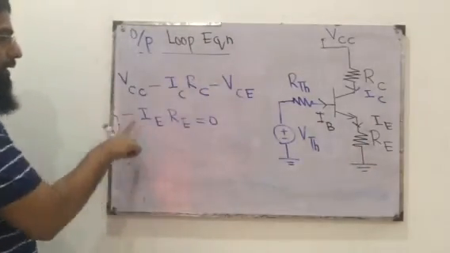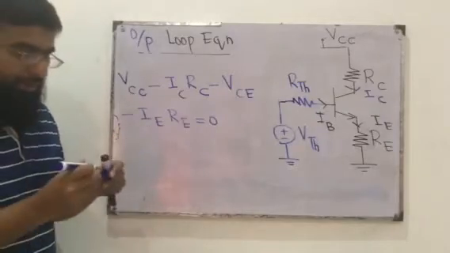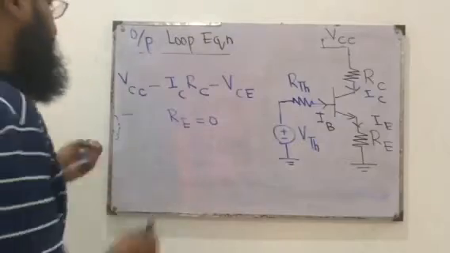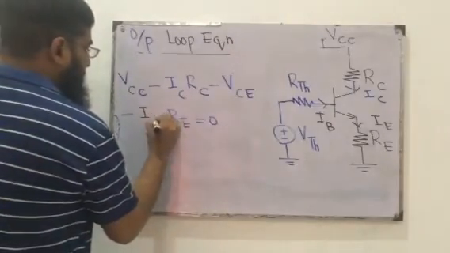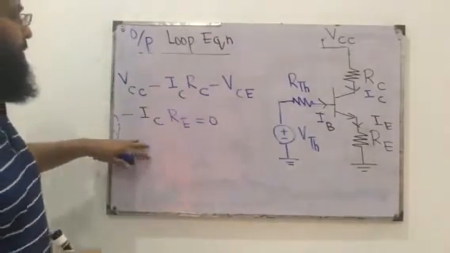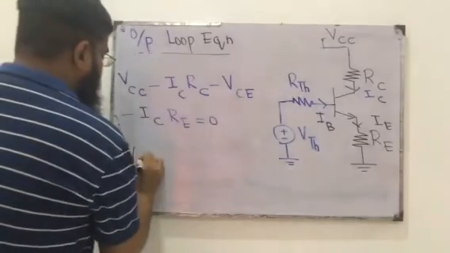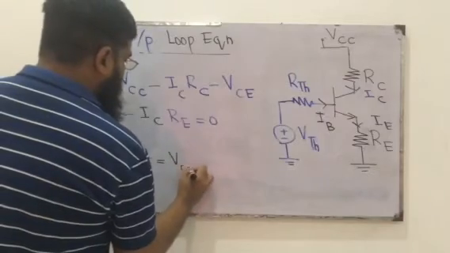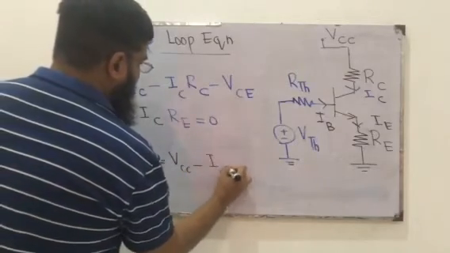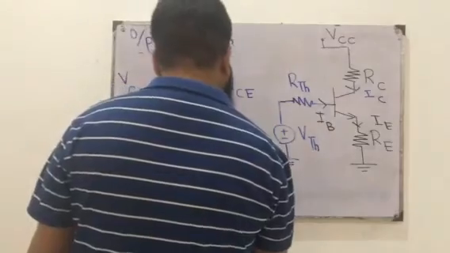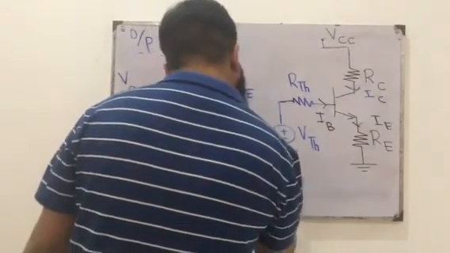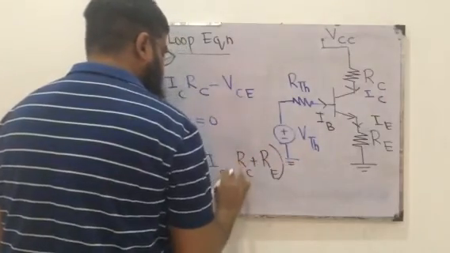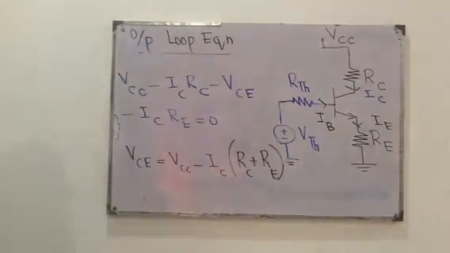Once again, IE is approximately equal to IC, so it can be replaced with IC. Now we can write an expression for VCE by rearranging this equation. VCE is VCC minus IC times RC plus RE.